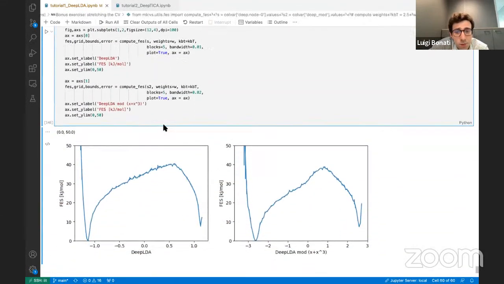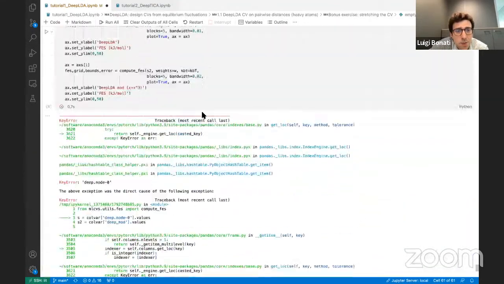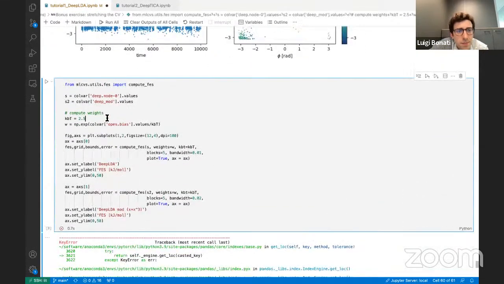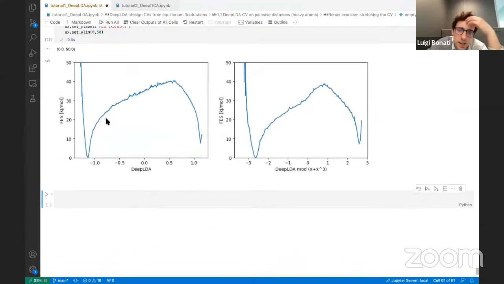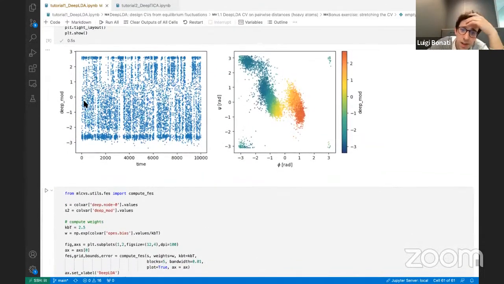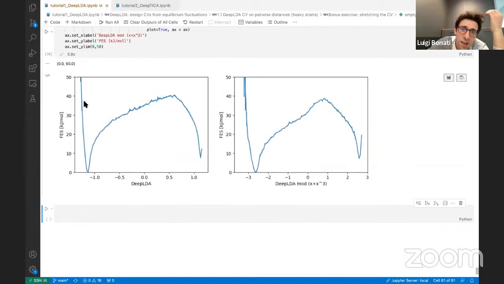Here what we see, for instance, is, oh sorry, of course, I didn't load it. As we see here, the sampling is actually very similar to the previous one, but the CV we're using in this case is the one on the right, which is x plus x cube, and the basin is slightly larger.